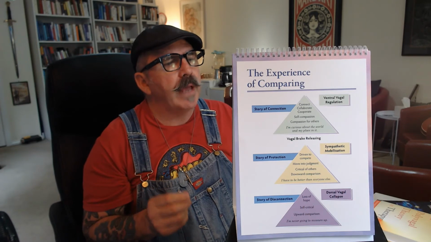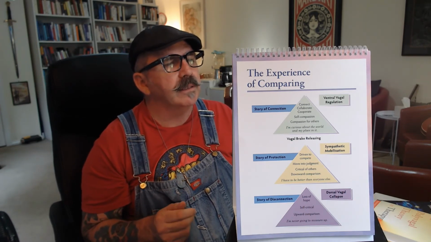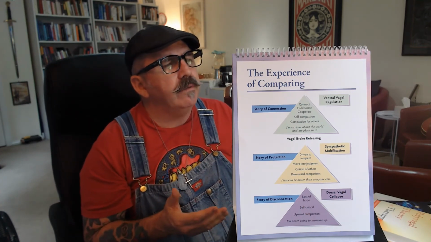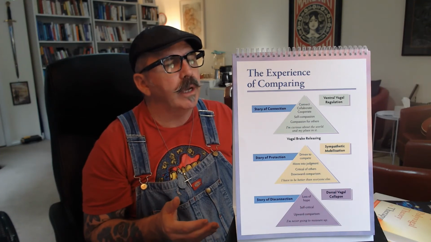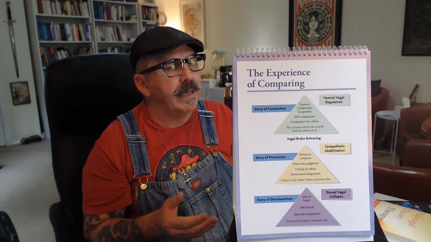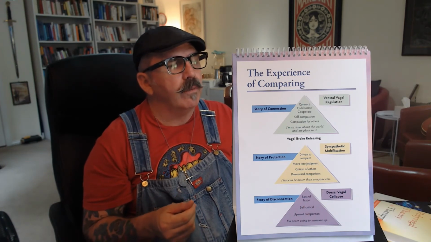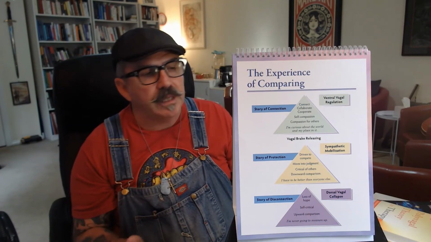When clients move out of ventral vagal regulation, they move out of abundance and into a mindset of scarcity. In a state of sympathetic mobilization, clients move into a downward comparison where their survival depends on being better than everyone else. To move out of this sphere, help your client first recognize the state and then discharge some energy safely.